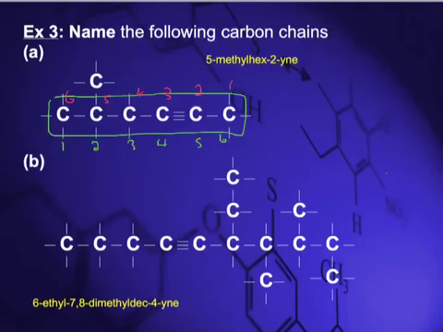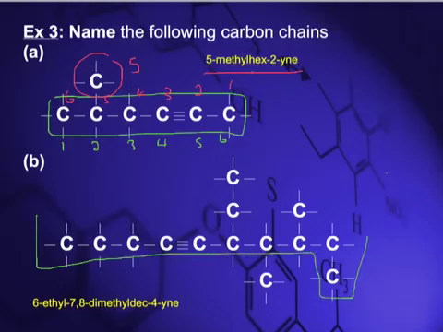So this is going to be a hex-2-yne, hex because there's 6 carbons. And the methyl branch falls at position number 5. So the full name of this compound is 5-methyl-hex-2-yne.